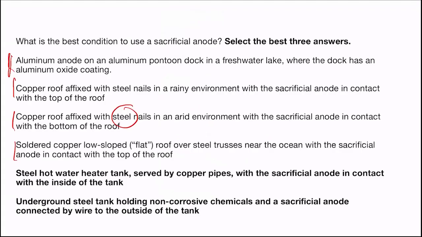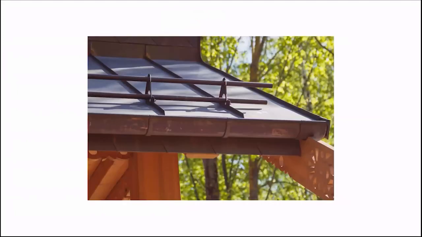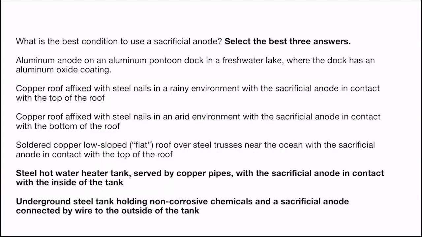So all three of these don't work in the presence of a copper roof, because you would be giving a sacrificial anode to the metal that's taking in the material, not to the one that's giving it up. So it's not actually a sacrificial anode at all. All right, so that explains these three and why they're wrong.